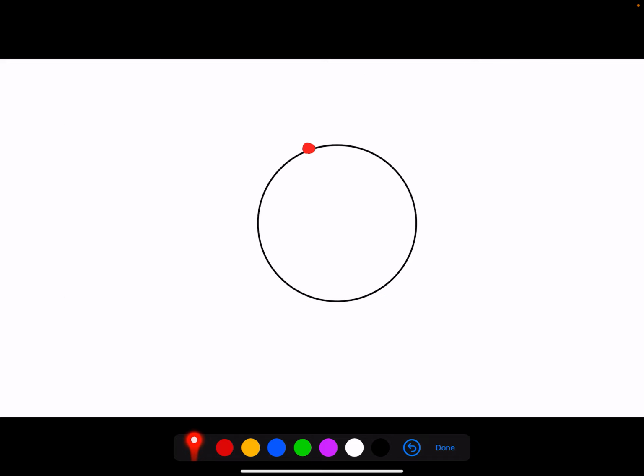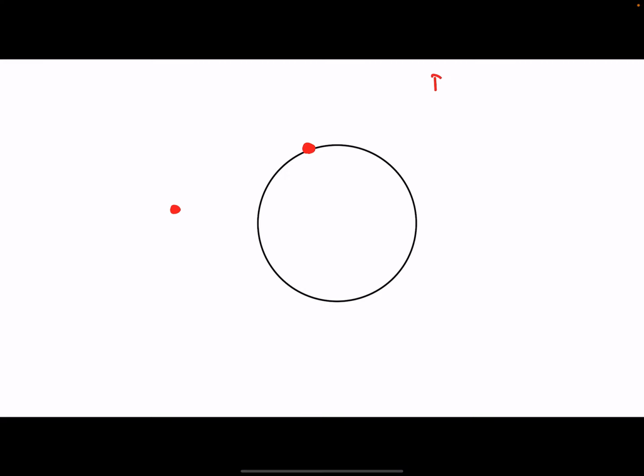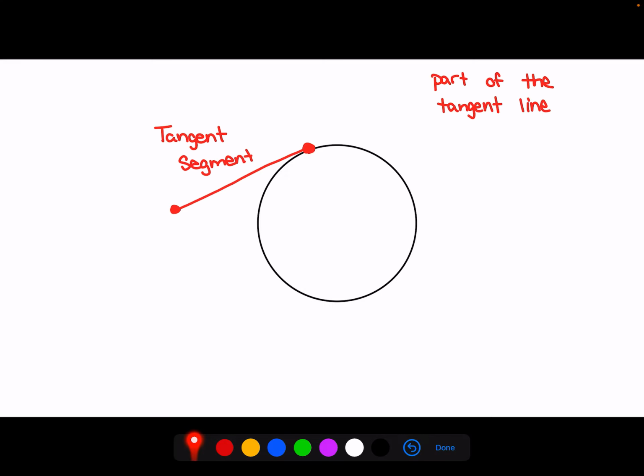All right, next we're going to talk about tangent segments and secant segments. A tangent segment is part of the tangent line. Now, very important for tangent segments, they will always have one of the points on the circle. Again, without a point that touches the circle, it's not tangent.